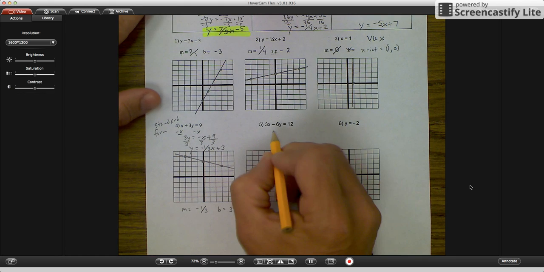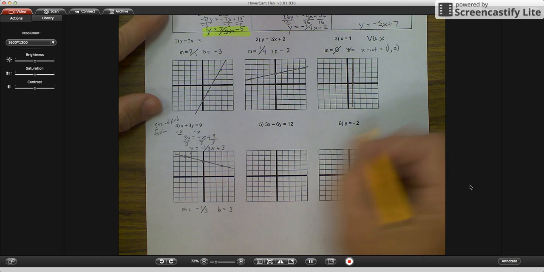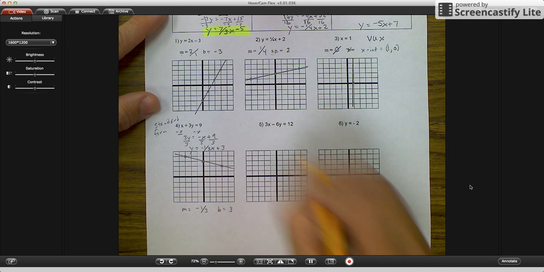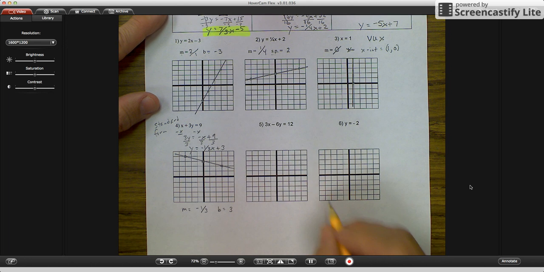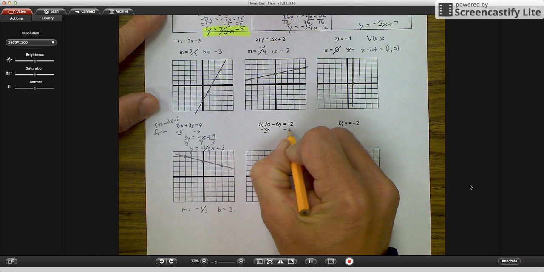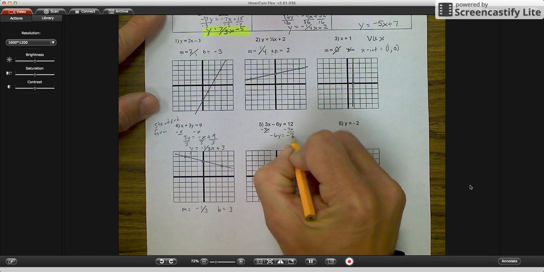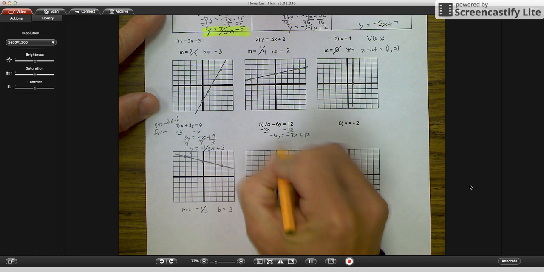The next one, 3x minus 6y, also standard form. So I'm going to convert that into slope-intercept, the way we've been doing it. If you want to pause your computer and try this before I do it, go for it. Minus 3x, minus 3x. You get negative 6y is equal to negative 3x plus 12.